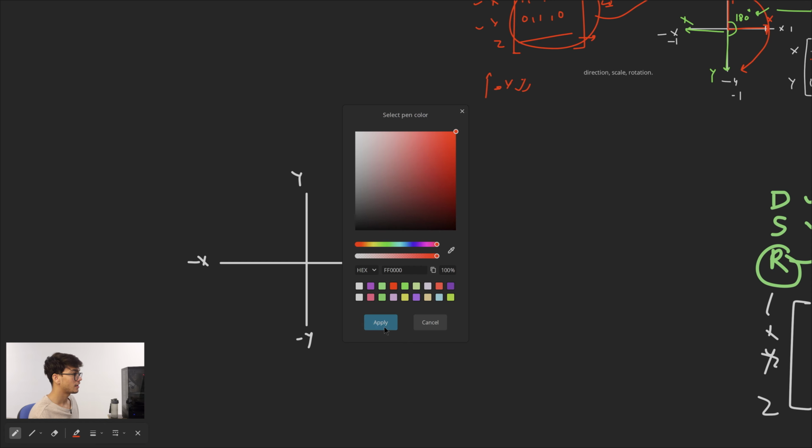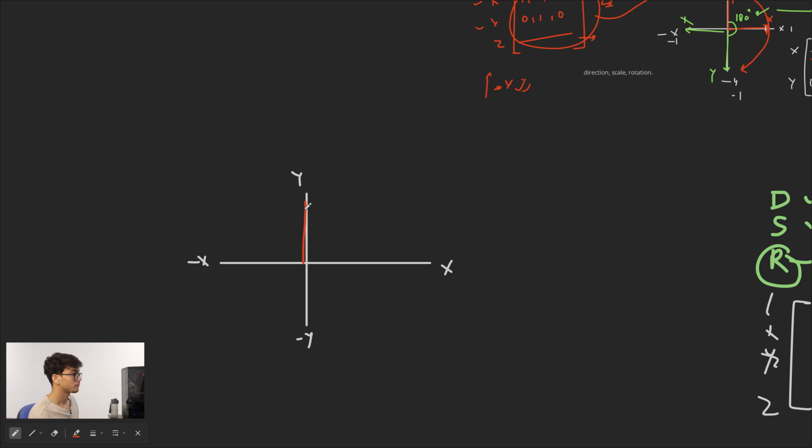And let's say I have this vector. Now I am rotating this vector, let's say 90 degrees, and I'm also scaling this vector by 2x, right?